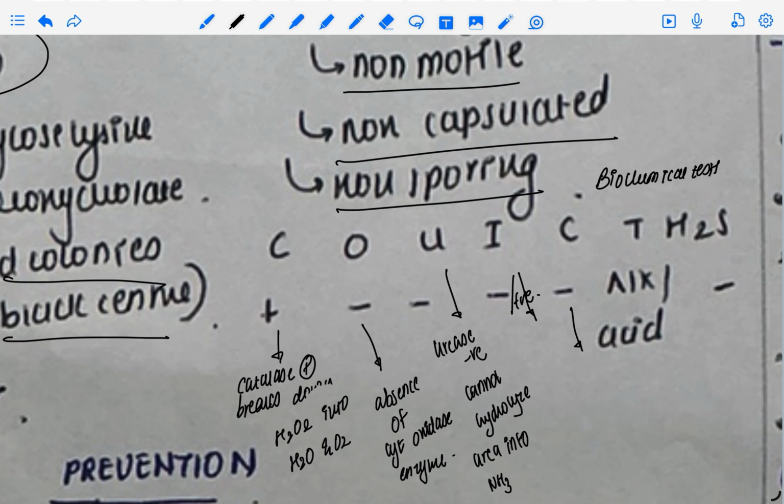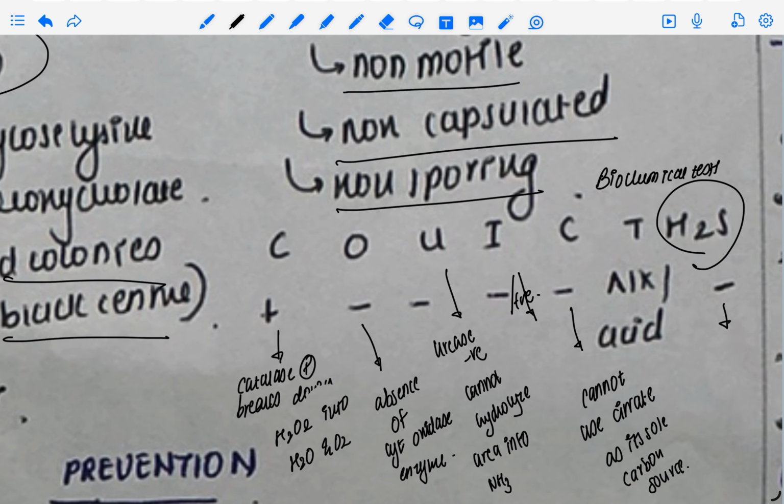Then citrate negative, which means it cannot use citrate as its sole carbon source, and H2S gas is not produced.